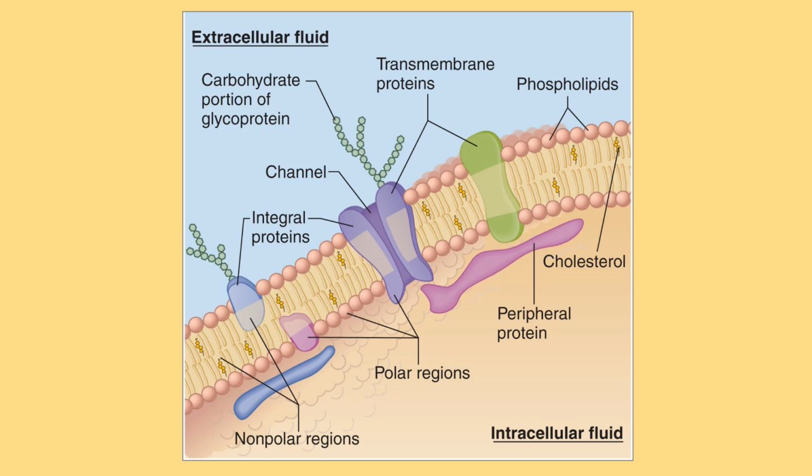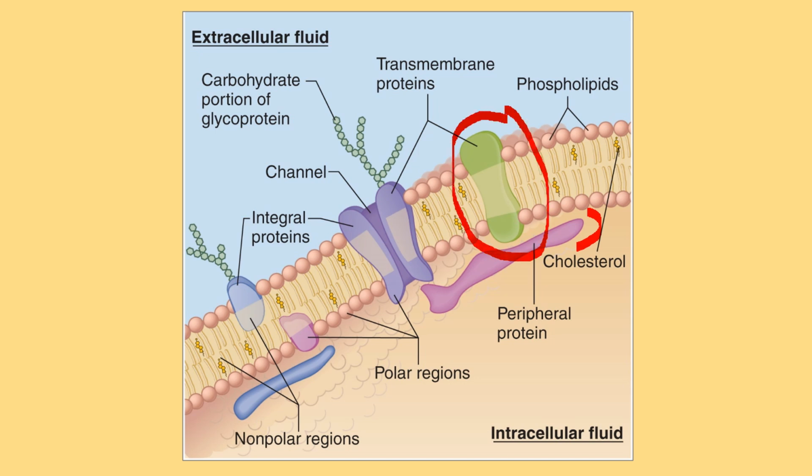We can use this artistic representation to revisit or summarize some of the ideas that we've been talking about related to membrane proteins. So allow me to show you that some membrane proteins are surface proteins. They're associated with just one side or the other of the plasma membrane. Lots of membrane proteins are transmembrane proteins.